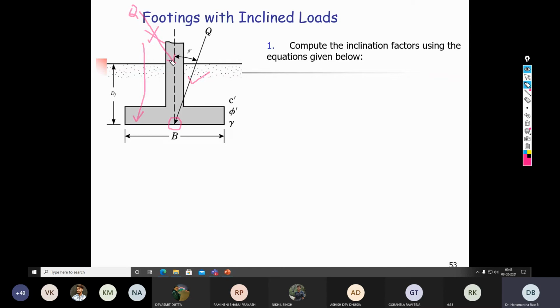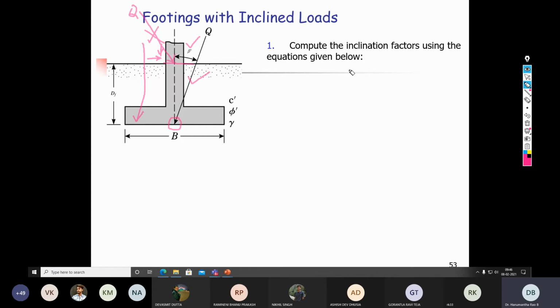Because here the load inclination is terminating at the ground surface, the force can be resolved into two things, horizontal and vertical. In case of footing with inclined load, such an assumption is not valid because the inclination is directly taken into account in the form of an inclination factor.